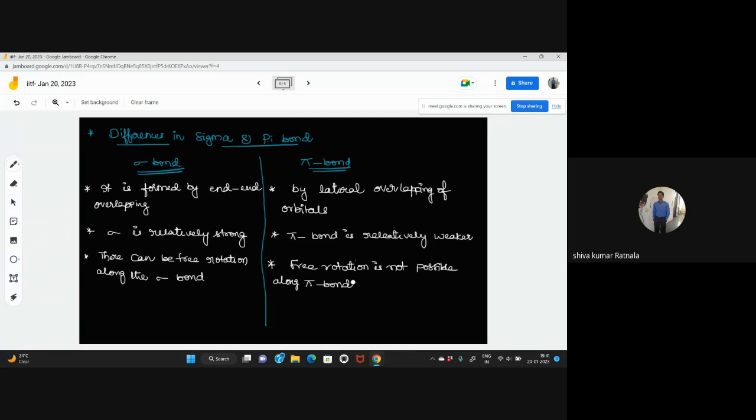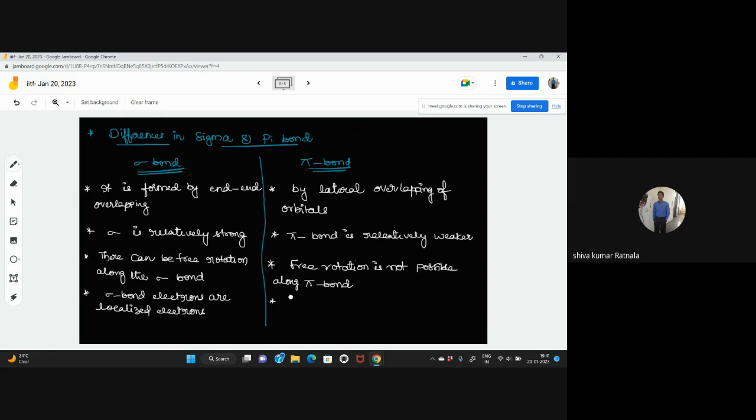Next, what we can say? Sigma bond electrons are localized electrons. Localized means it remains as it is.